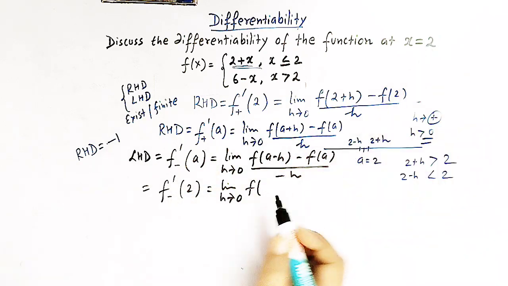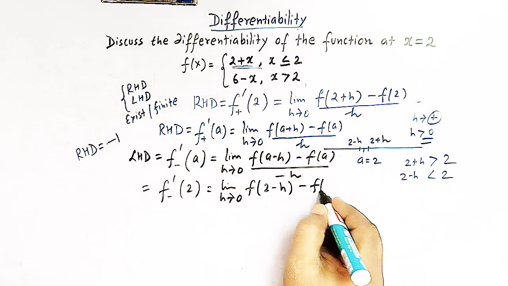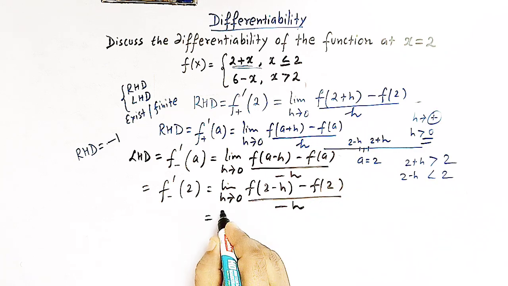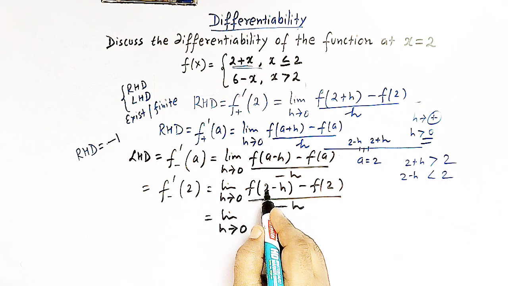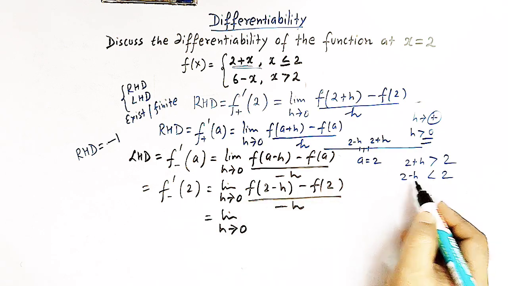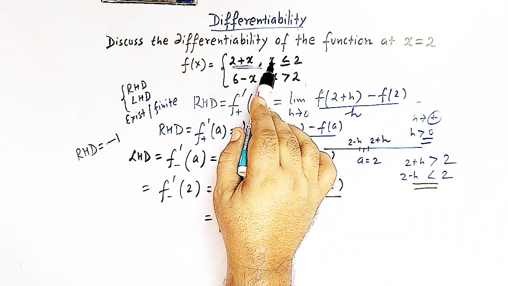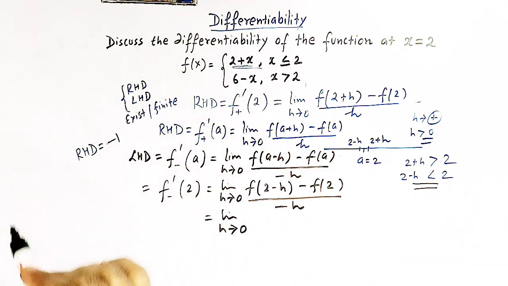So a is our 2, and here we have 2 minus h, then f of 2, and here we have minus h. Now we can write limit h tends to 0 and f of 2 minus h. Now see, 2 minus h is less than 2, right? So when we have x less than 2, then f of x is equal to 2 plus x.